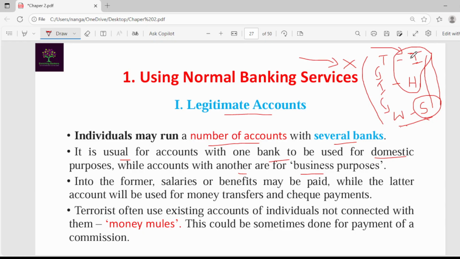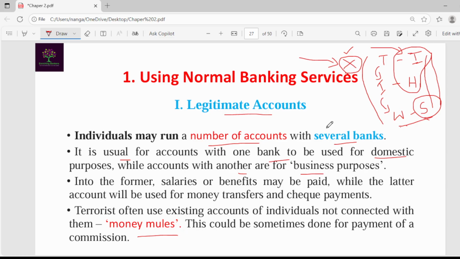So criminals, terrorists or money launderers use these legitimate accounts. They give commission to this person and they use his accounts for conversion of their illegal funds. So this person can be called a money mule.